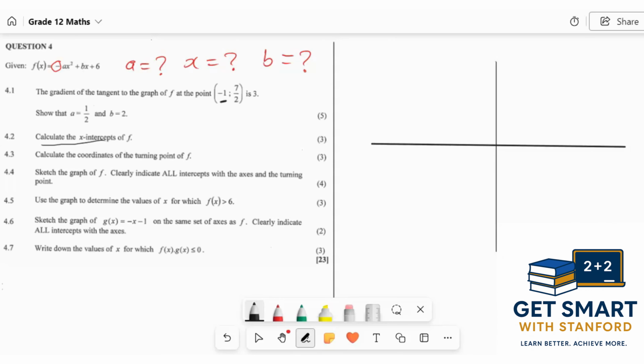So let us see. We got 1, 2, 3, 4, 5, 6. All right. We got 1, 2, 3, 4. So minus 1, minus 2, minus 3, minus 4. And we do the same going up.